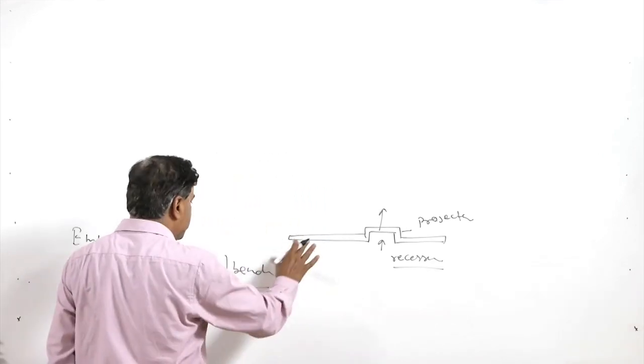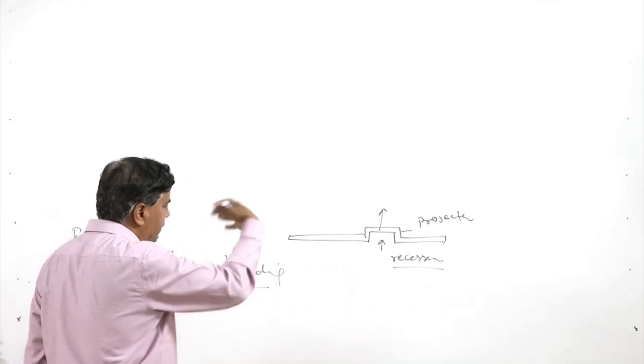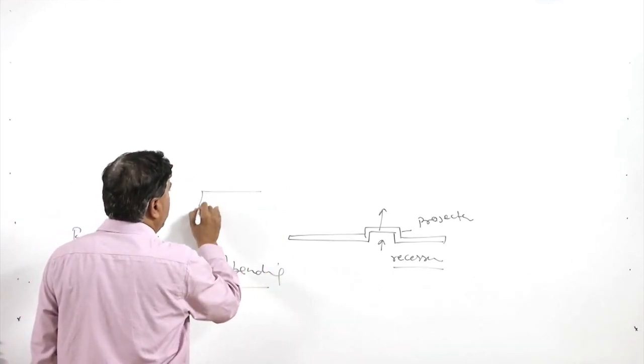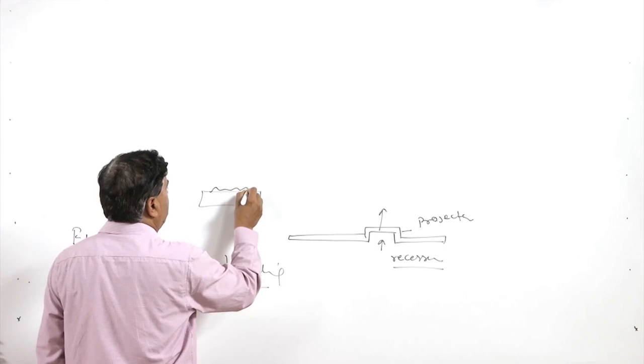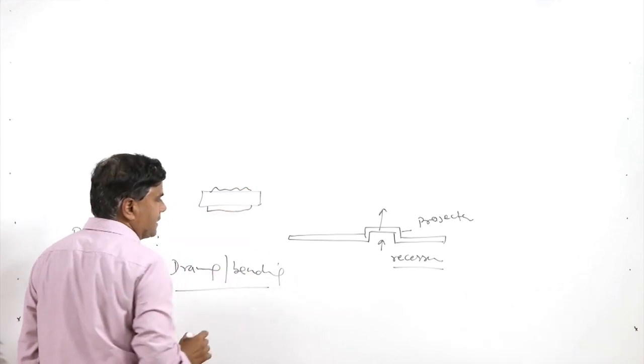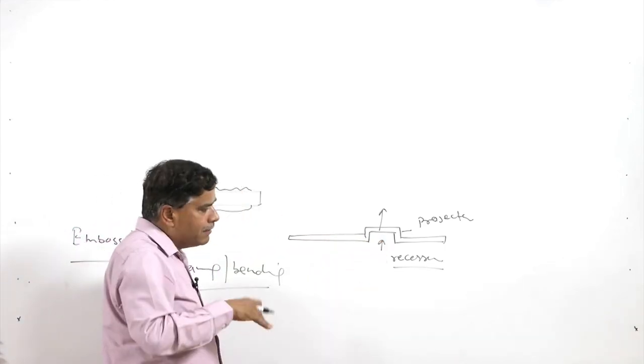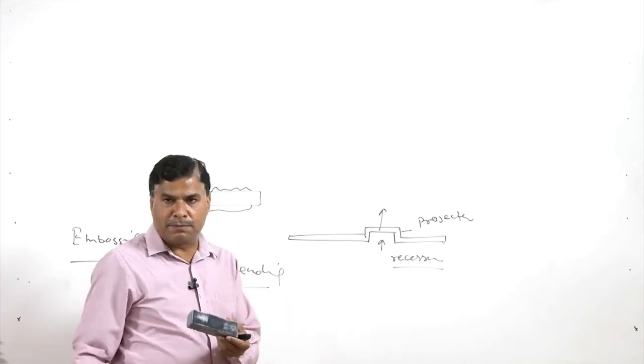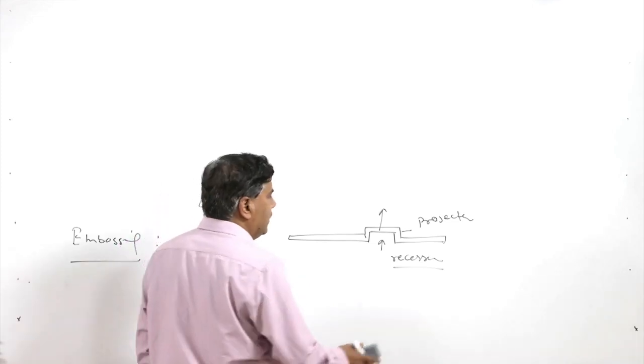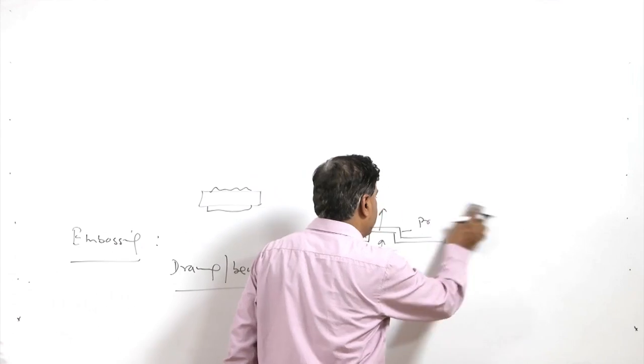while in case of coining, this is the difference. In case of coining, we just had projections of numbers and figures on both sides, while in this case wherever there is a projection on one side, there will be a corresponding recession or relief on the other side.